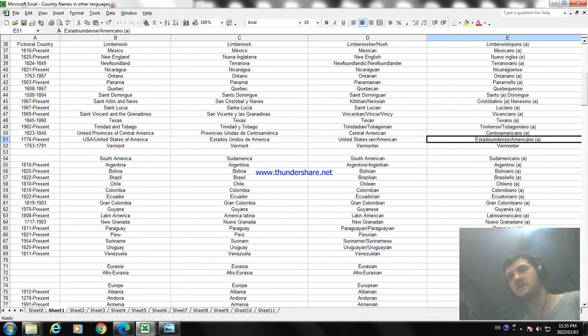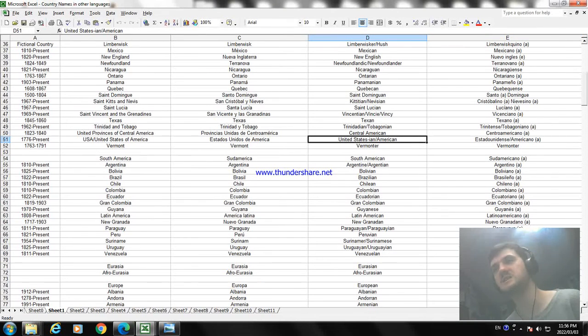The word American means anywhere in the Americas. That's why a Canadian, Mexican, Chilean, or Brazilian is considered an American.